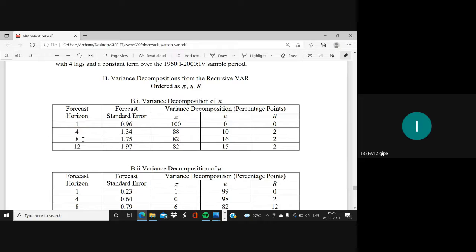Then if you forecast 8 quarters ahead, 82% of the forecast error variance is explained by shocks to the inflation variable again. 12 quarters ahead also you see the same result. Now, can anyone try and interpret for R? Let's see if you can interpret for R.